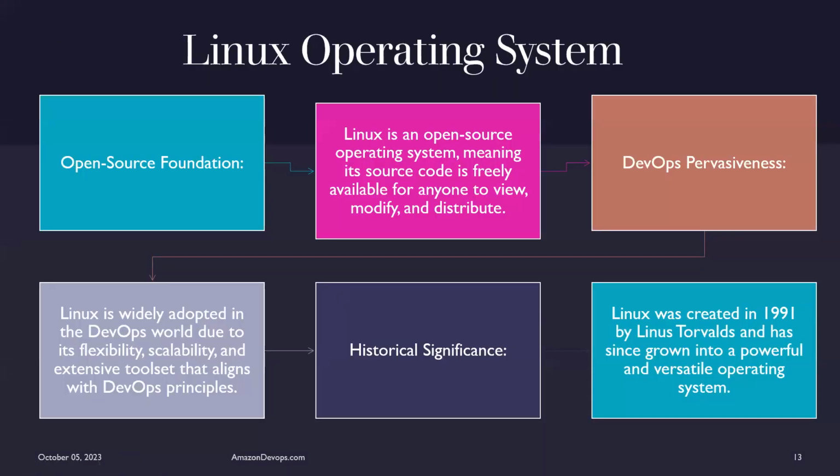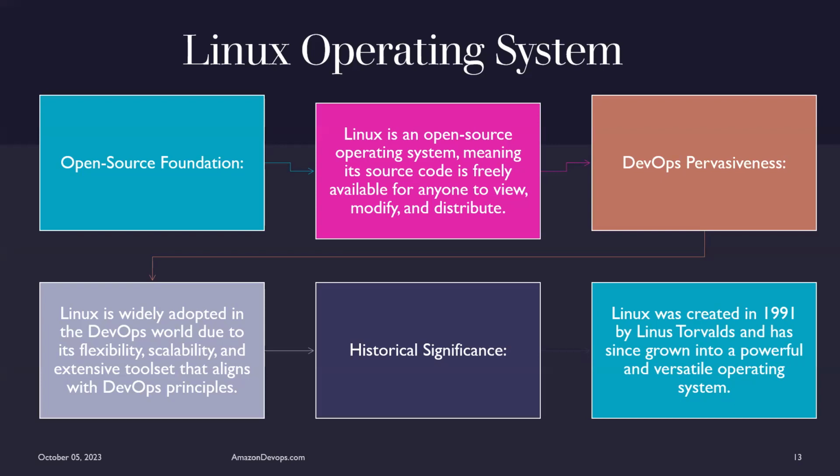Now we focus fully on the Linux operating system. I want you to understand that just because I'm focusing on Linux, Linux is not the only operating system that we have. We do have other operating systems such as Windows. Usually some people like to call it NT, new technology.